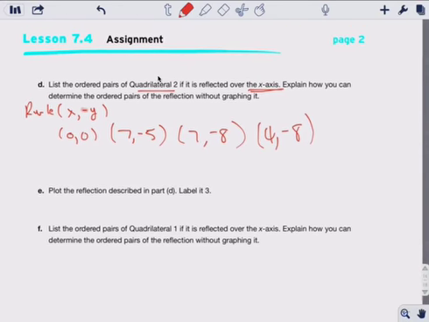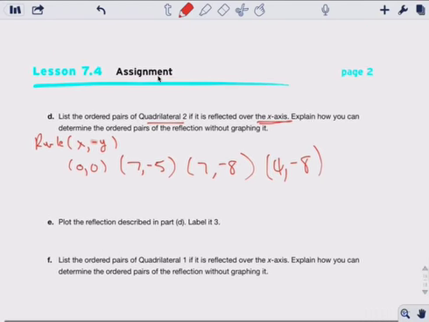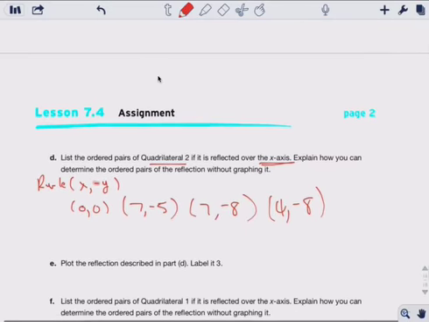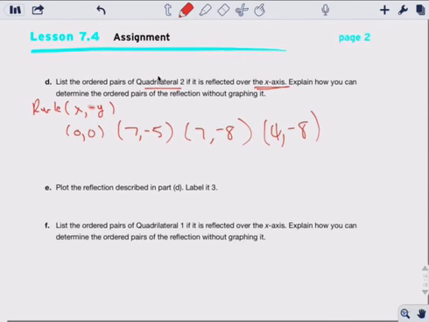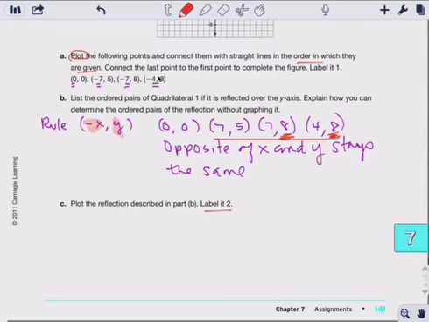Okay, plot the reflection and label in part D, and label it 3. Oh my gosh, I hate doing it. It's back and forth. Okay. 0, 0, 7, negative 5, 7, negative 8.